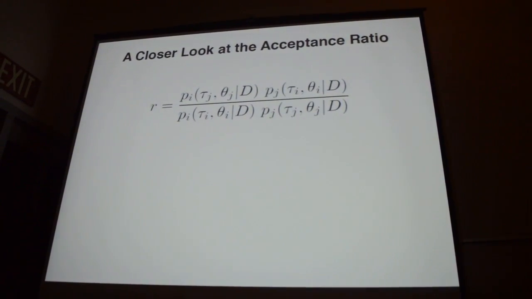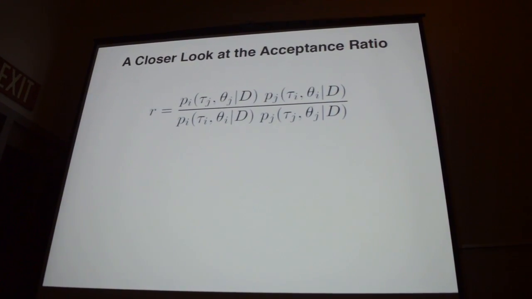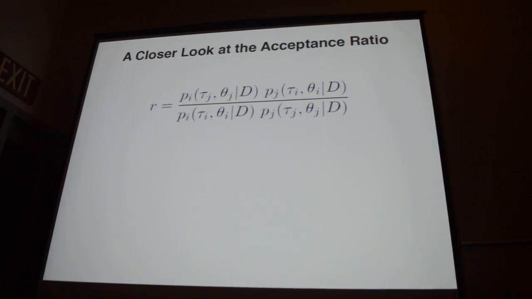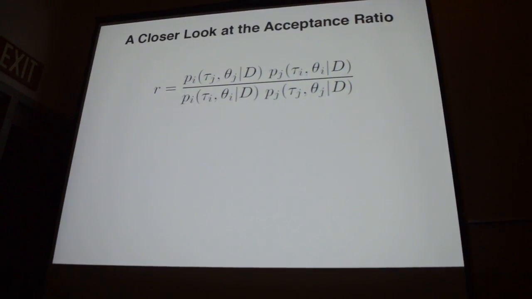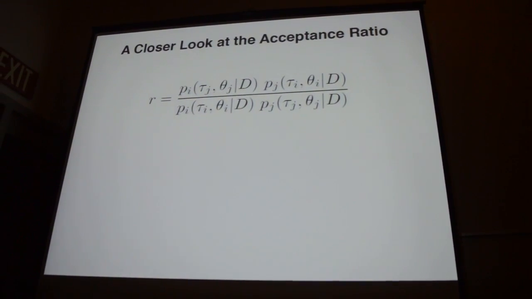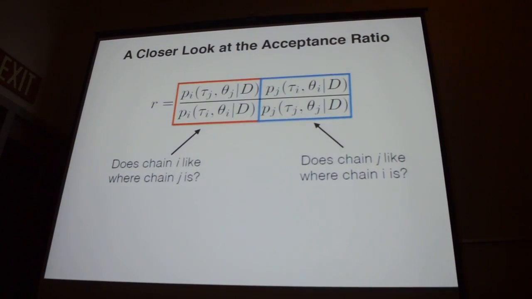So we decided to try and understand what was going on here. And so we started looking back at the theory behind Metropolis coupling. And in particular, we started paying attention to the acceptance ratio, so this R ratio we talked about at the beginning. And so the R ratio for Metropolis coupling has this form, and really we can break it down into these two sort of intuitive components.